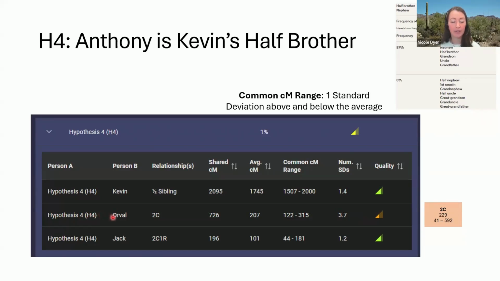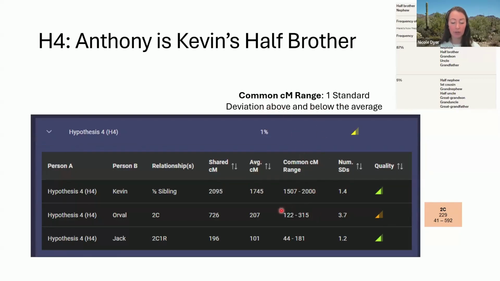And if Anthony was Kevin's half brother and was in that spot in the tree, he would have been a second cousin with Orville, but they share 726 centimorgans, which is above the amount you would expect for a second cousin. From the shared centimorgan project, we can see the range only goes to 592. And the range that Banyan gives you is actually the 1 standard deviation above and below the mean.